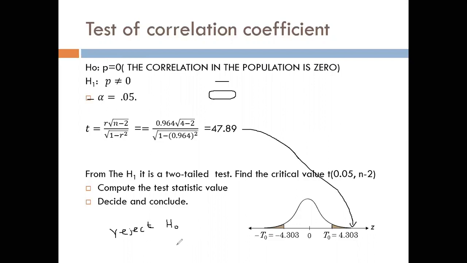It is not equal to zero, which means that indeed we have a linear pattern, a linear relationship in the data. And that correlation, which was a strong correlation, is significant. That is what we mean by this test. Let's take another example if there is no question.